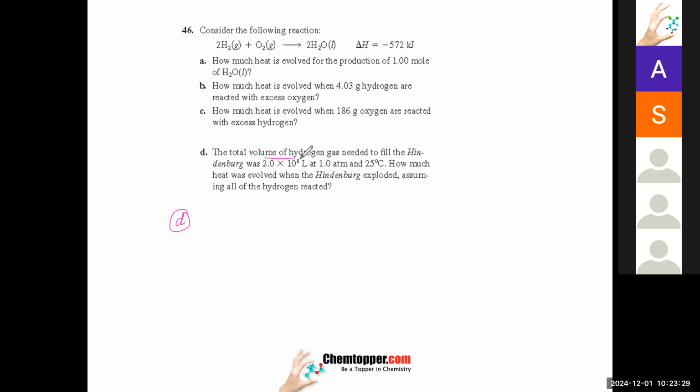The total volume of hydrogen gas, H2 gas. Sometimes they write gas, sometimes they don't. Like here, they have not written gas, but this is also H2 because you cannot deal with H. H is very reactive. We don't have H, only H2.